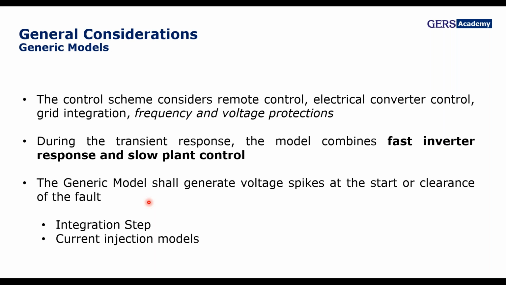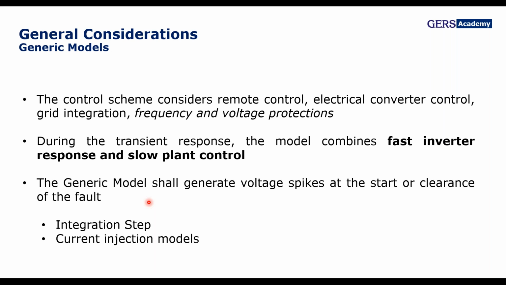They are independent, but you need to model them in order to capture the responses after an event. Probably we will not talk about the different issues of the protection system of IBR in terms of positive sequence and EMT during this presentation, but it could be part of a second webinar.